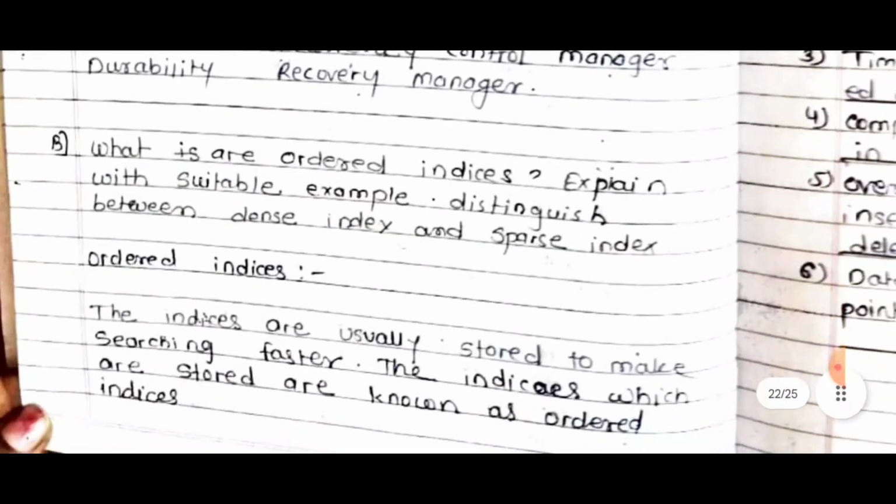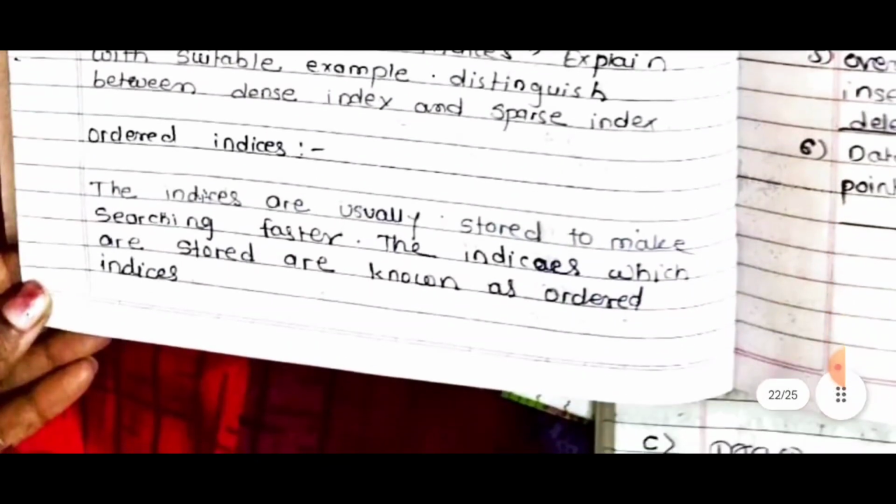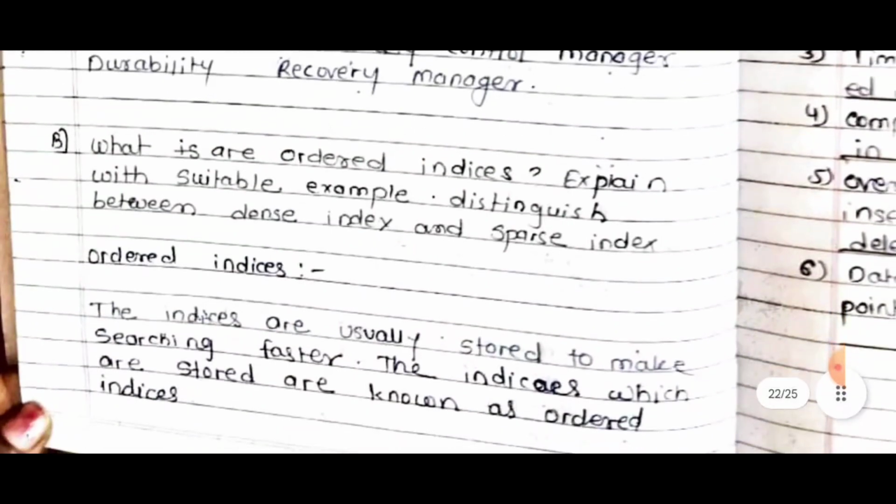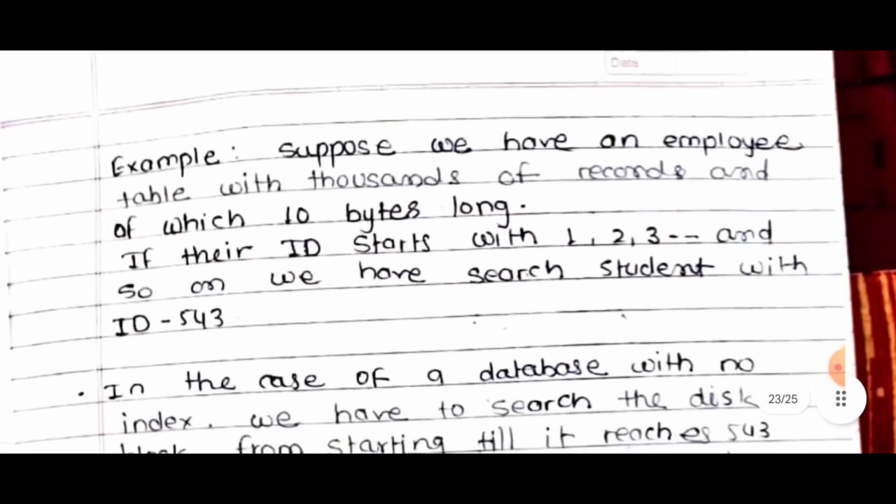What are ordered indices? Explain with a suitable example. Distinguish between dense index and sparse index. So what are ordered indices? Indices are usually stored to make searching faster. The indices which are stored in order are known as ordered indices. Example: suppose we have an employee table with thousands of records, each of which is 10 bytes long.